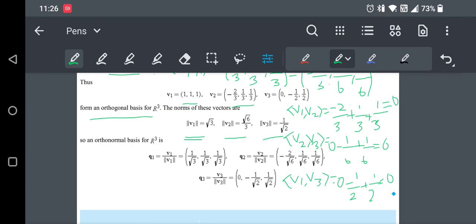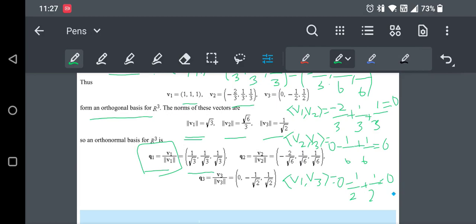We have already discussed in the previous classes how to normalize any vector. The formula to normalize any vector is the vector divided by its norm value. That is V1 divided by norm V1. So you will be getting 1 over root 3, 1 over root 3 and again 1 over root 3. And Q2 is V2 divided by norm V2.